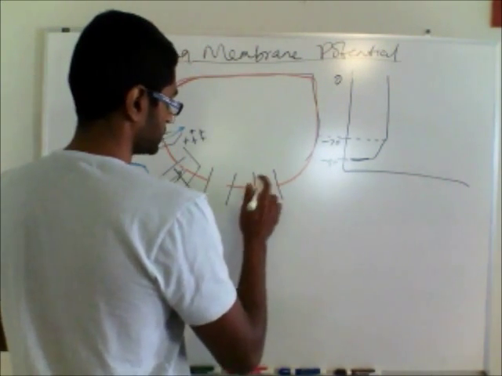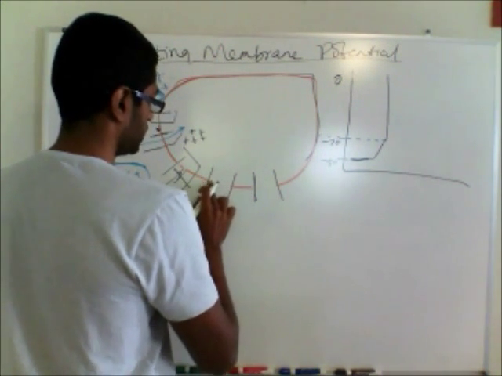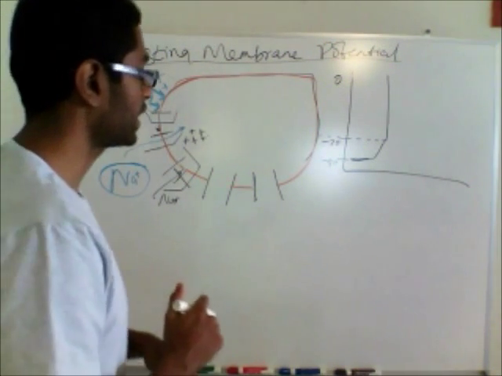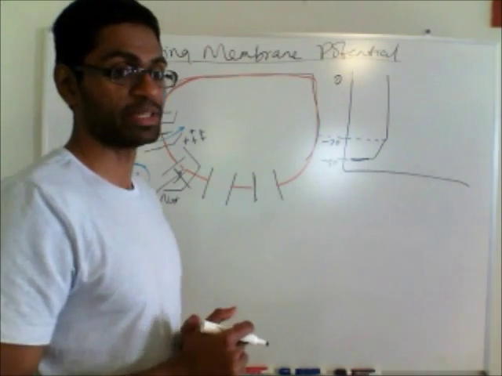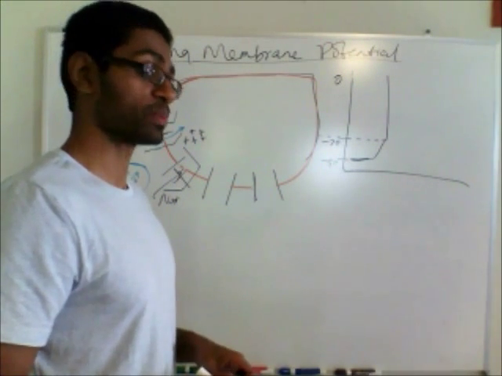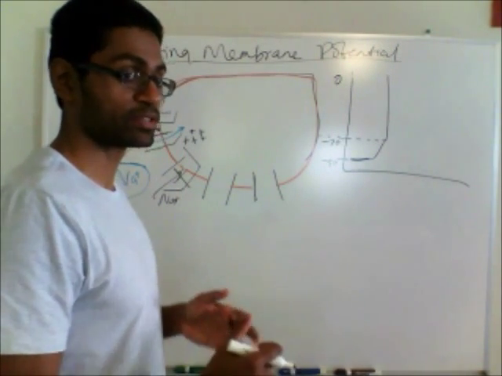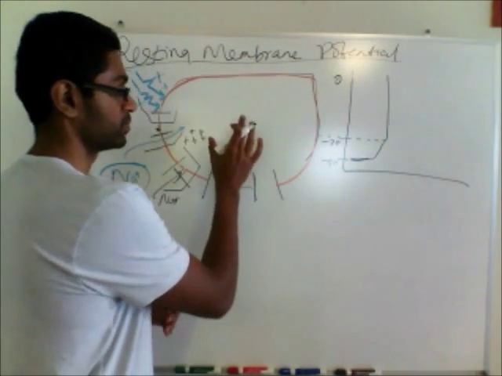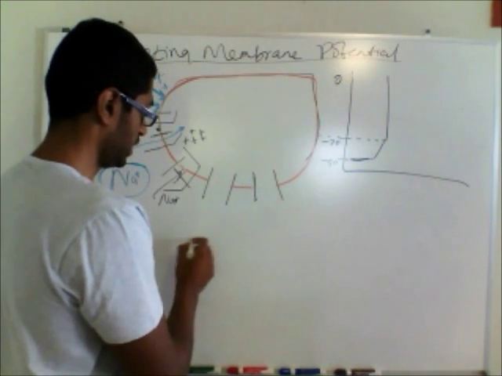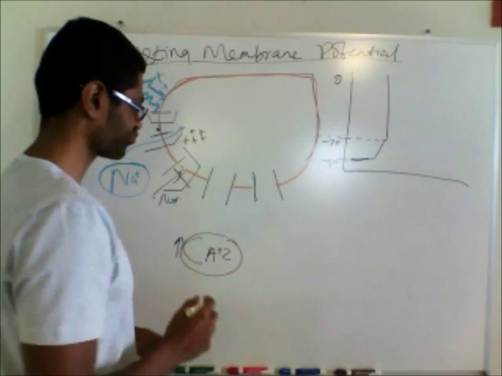Now you have to realize that the cell tries to not have much calcium inside the cell, okay? It sequesters calcium in the sarcoplasmic reticulum in certain cells, or it usually pumps the calcium out. Okay, so there is a net negative loss of calcium in the cell. So there's a high calcium concentration outside the cell.